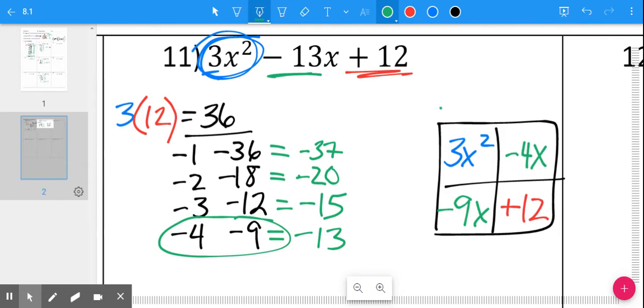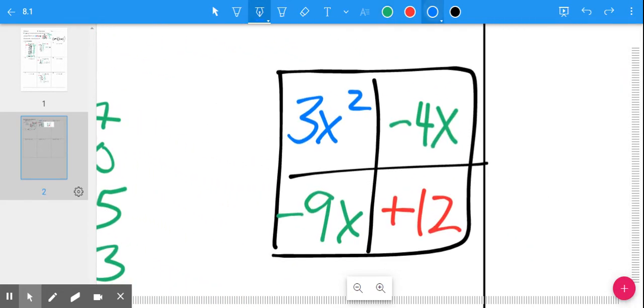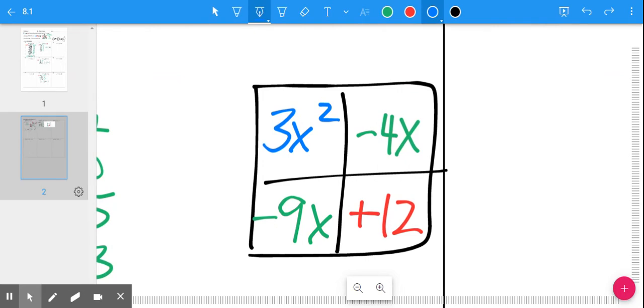So this one is not as easy as the first one because we don't have a 1 as our c value, but we do have a 3x squared. So we know that 3 and 1 are the only factors of 3. Now, I'm not going to put the 3 on this side because 3 cannot be multiplied by anything to make a negative 4x, not a whole number. So I have to shift it and try the 3 up here.